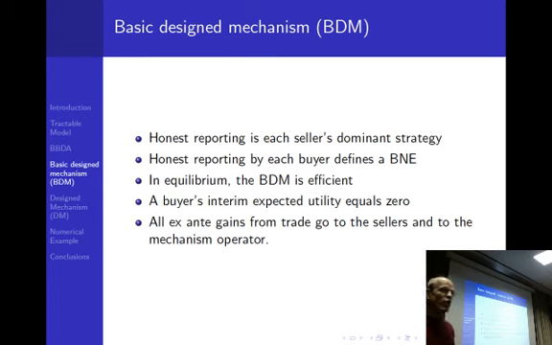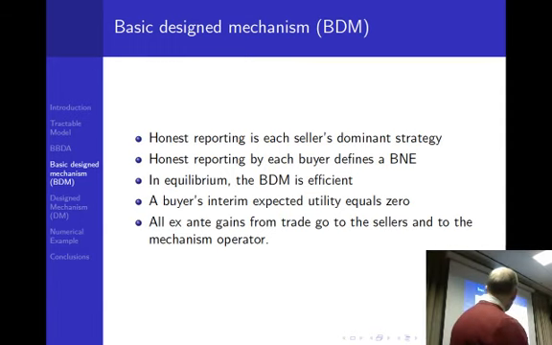And in equilibrium, it's going to be efficient. In other words, no gains from trade will be left on the table. Either the mechanism operator or the sellers are going to get it. But buyers' interim and expected utility will equal 0, and that'll just help in the derivation. And all ex-ante gains from trade, therefore, go to the sellers and to the mechanism operator.